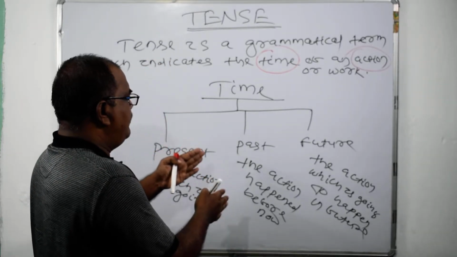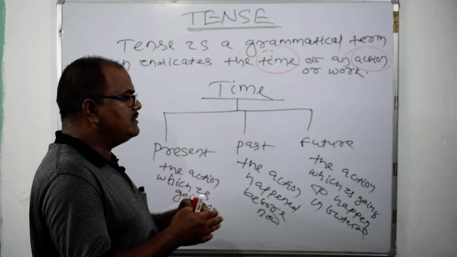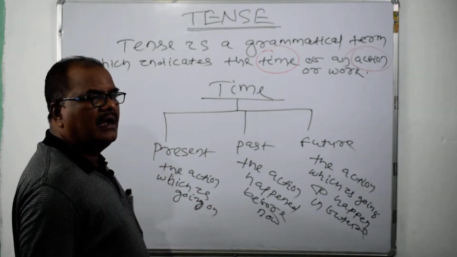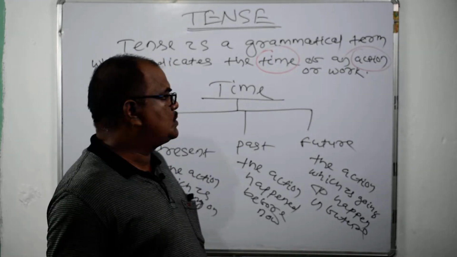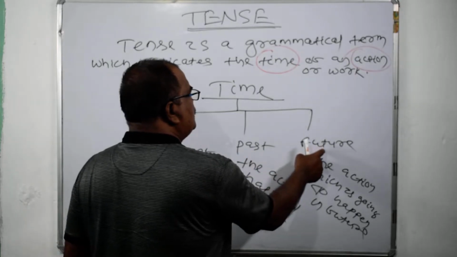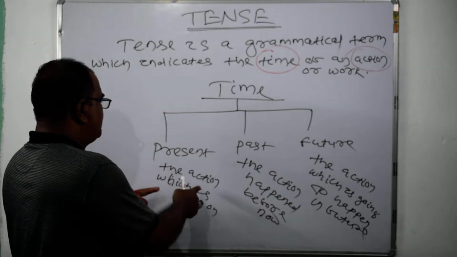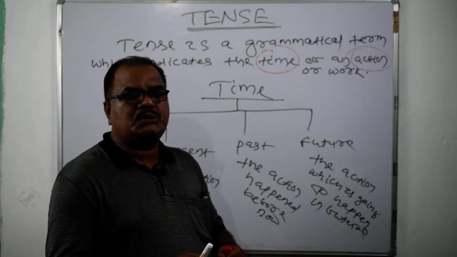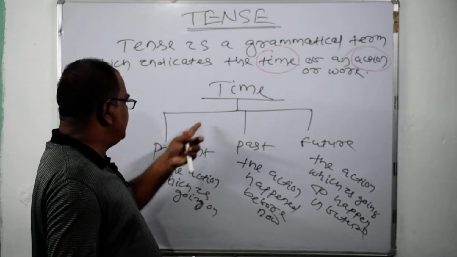So the time and duration of different actions are expressed. So time is of three kinds: present, past and future. The action which is going on is expressed through present time.